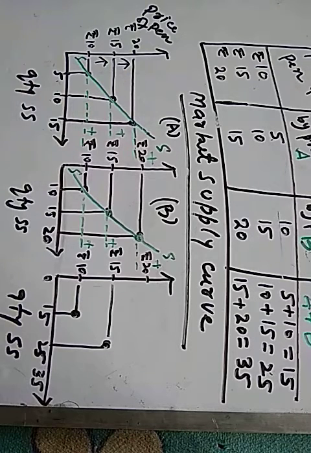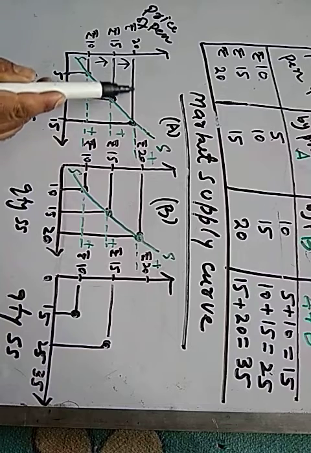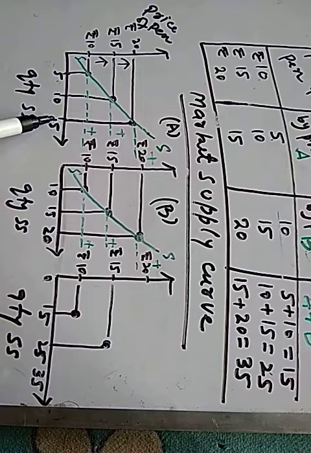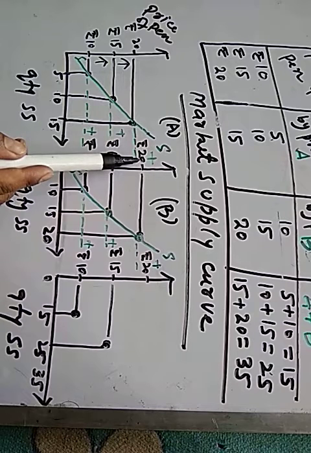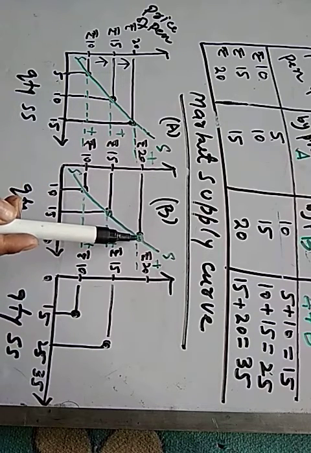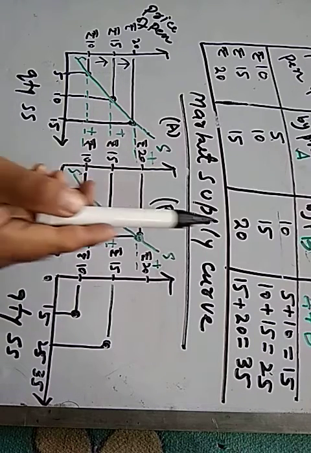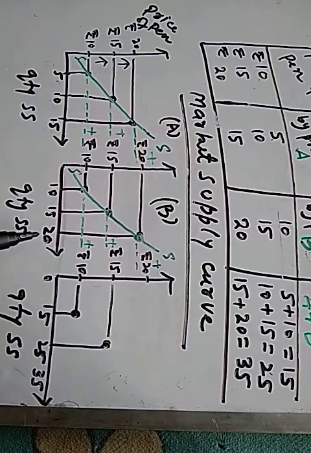When the price of pen in the market increased to 20 rupees per unit, at that time the quantity supplied by producer A is 15 units. At the same price of 20 rupees per unit, the supply of producer B is 20 units.